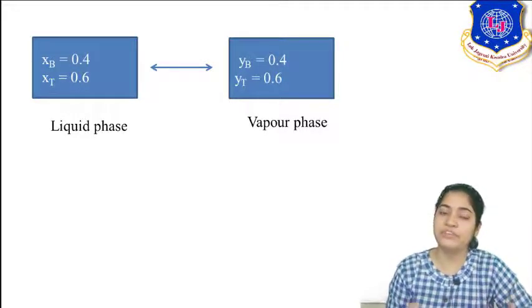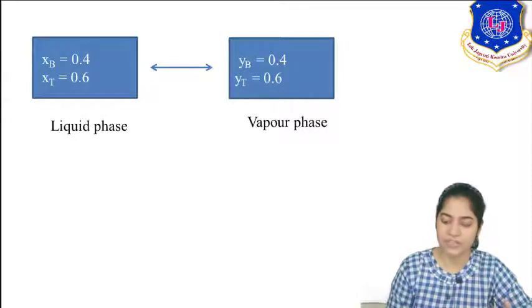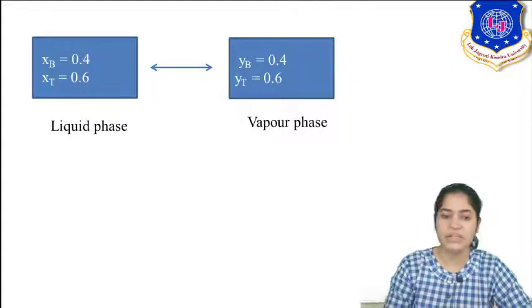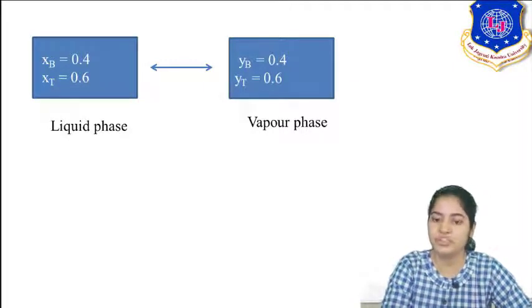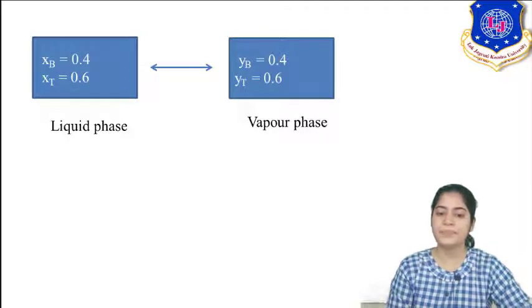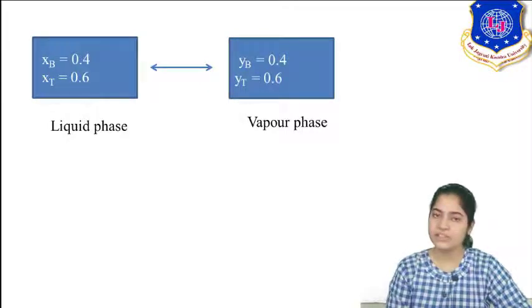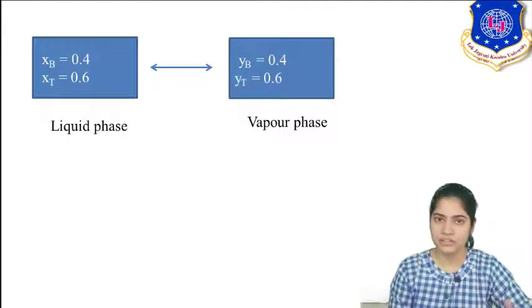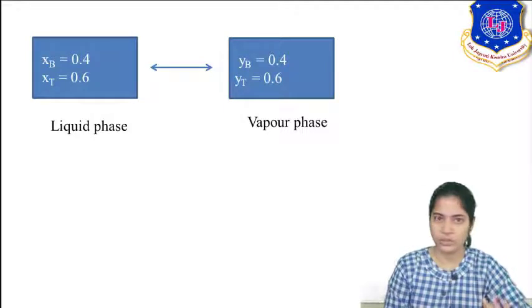But note that when all the liquid is converted into vapor phase, the initial concentration in which we took our mixture would be the same. Now instead of liquid phase composition, I have vapor phase composition. You can see both benzene and toluene compositions are 0.4 and 0.6. So we can say that when totally in liquid phase and when in vapor phase, the composition of the mixture remains the same.